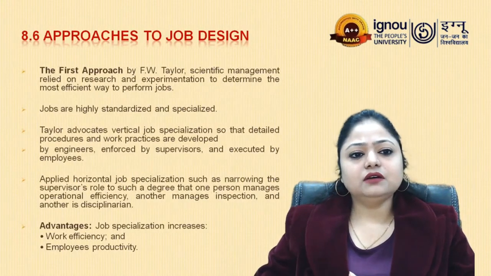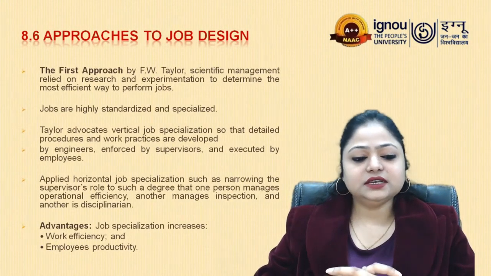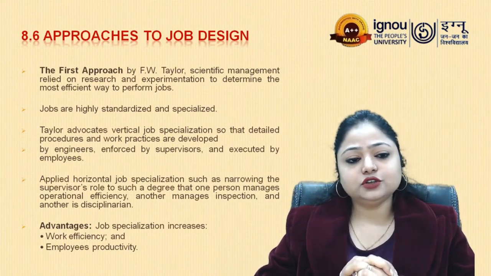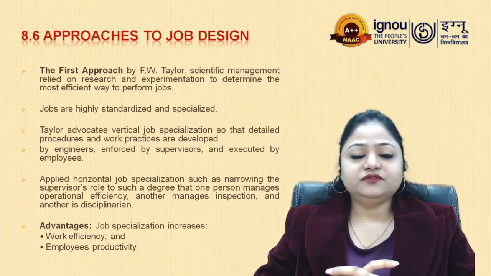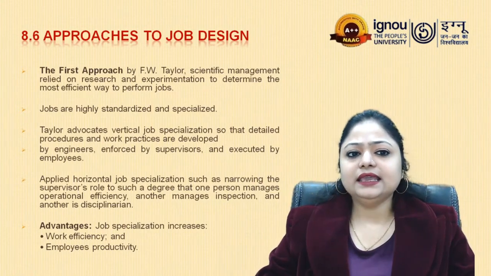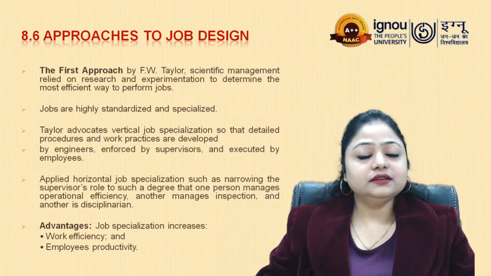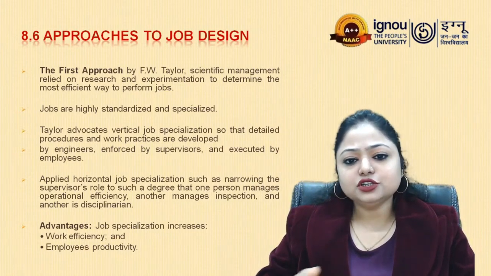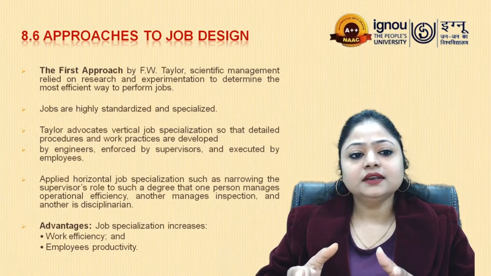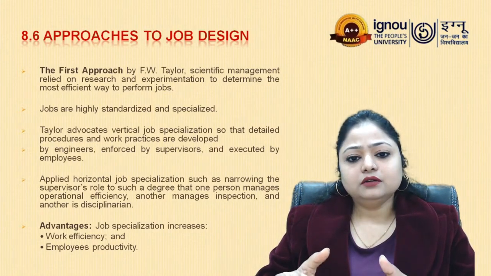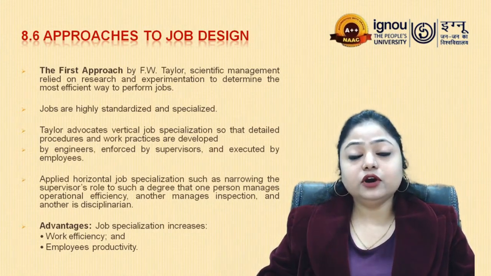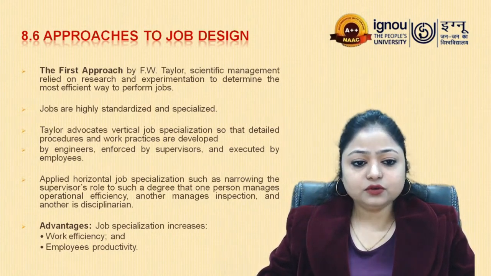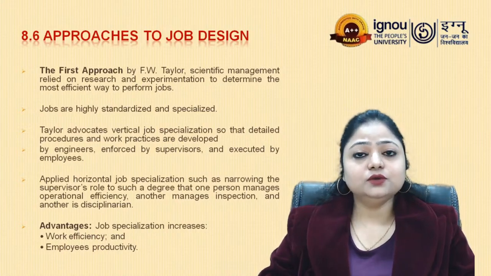Then we see what are the basic advantages and disadvantages of the first approach. The first approach was given by Frederick Winslow Taylor, who, as we know, was the father of scientific management, and gave importance to standardization and specialization. So Taylor advocated vertical job specialization, so that the details are laid out, the procedures and work practices are developed by engineers, enforced by the supervisor and executed by the employee.